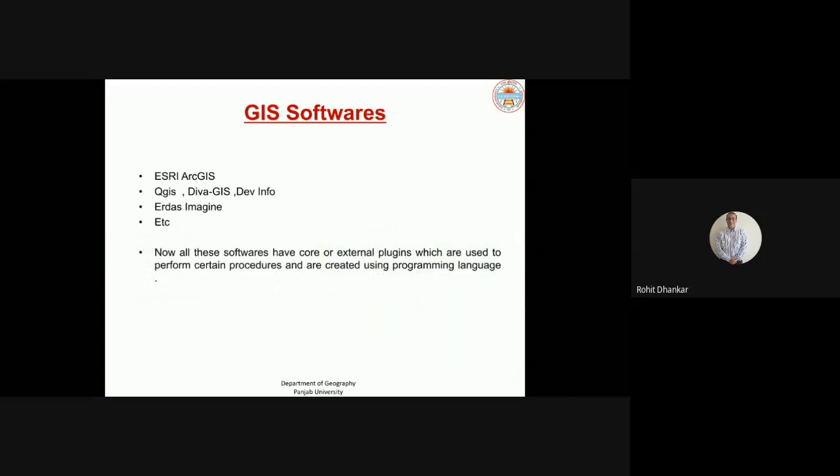Now, various GIS software in the market right now. Let's talk first about Esri's ArcGIS, ArcGIS Pro, and various versions. Esri has been one of the best companies till now, because they have created software which helps you in a lot of ways.